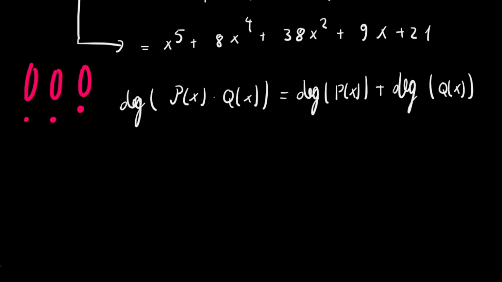Also, when we talk about the quotient for two polynomials, we have to be clear about something. I will not write here very complicated stuff about the quotient. I want you to understand very clearly something.